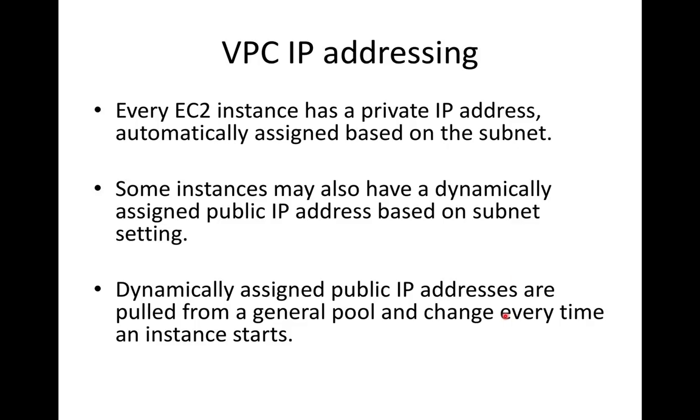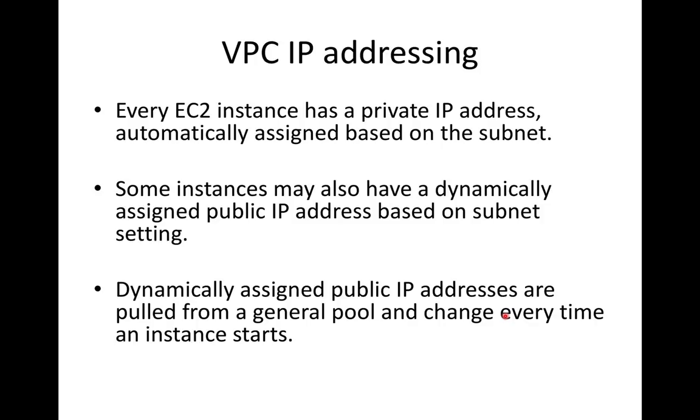When we create EC2 instances, as I mentioned earlier, those instances are deployed into a VPC. And in fact, they're deployed into a specific subnet within a VPC. Every single EC2 instance that you create has its own private IP address. Every instance has to have at least one private IP address.